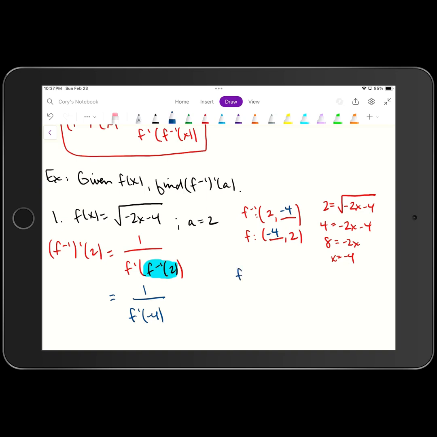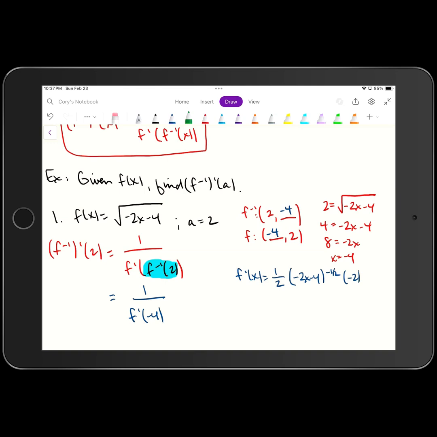So my derivative f prime of x, using chain rule: the derivative of the outer function, rad x, is 1/2 x to the negative 1/2 power. We evaluate that at the inner function, negative 2x minus 4, and then multiply that by the derivative of the inner function, negative 2.